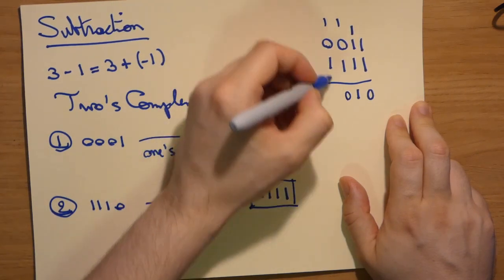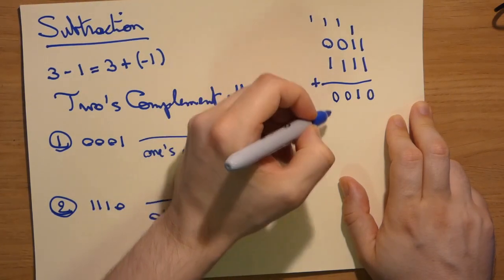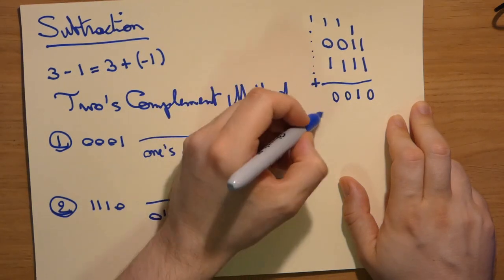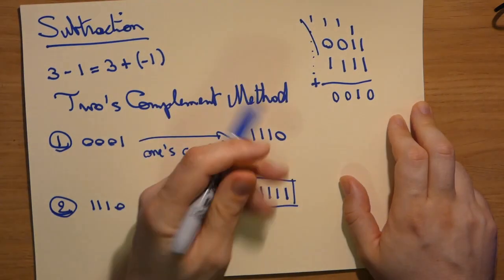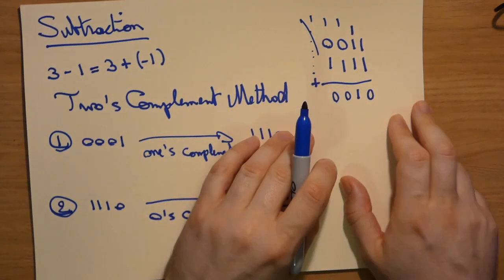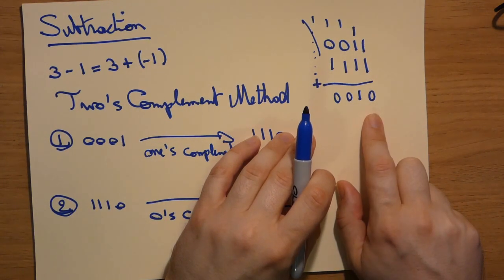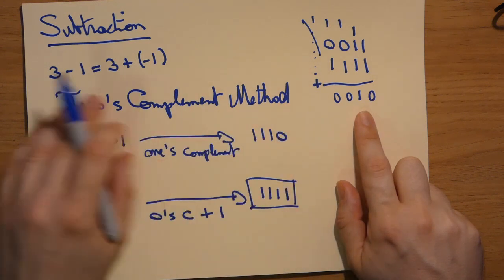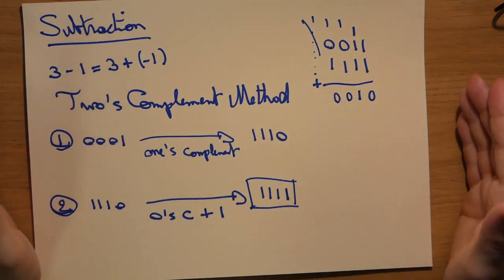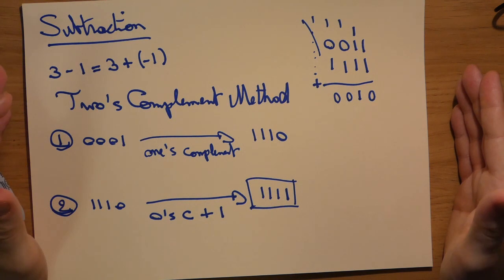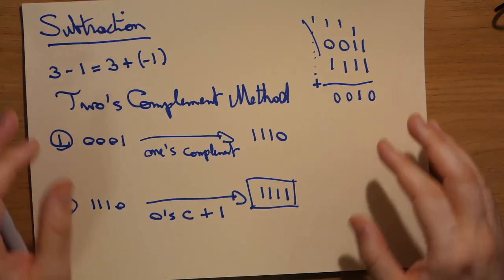I have a carry. 1 and 1 is 0. I have a carry. What do I do with the last carry? I ignore it. Just pretend it doesn't exist. That's my result. Now this is 2 in binary. And 3 minus 1 is indeed 2. So this works.